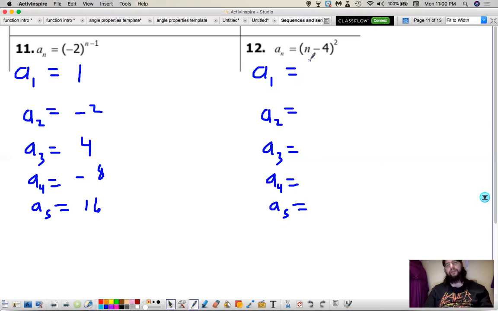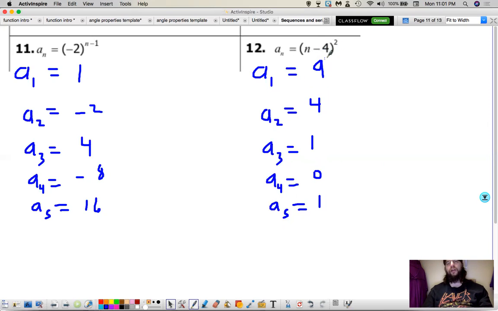Let's look over here. 1 minus 4 is negative 3 squared is 9, so all these are going to be positive. That's 4. That's 1. That's 0, and that's going to be 1 again. This one's pretty easy to do in your head.